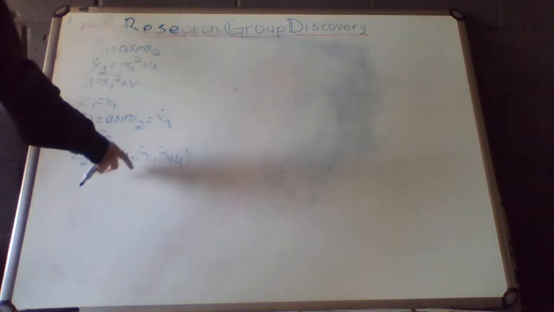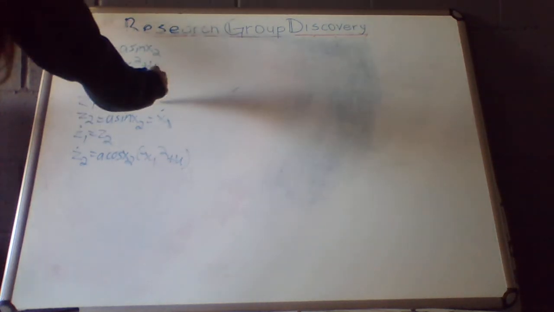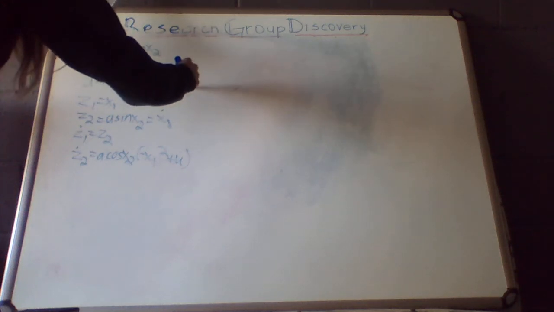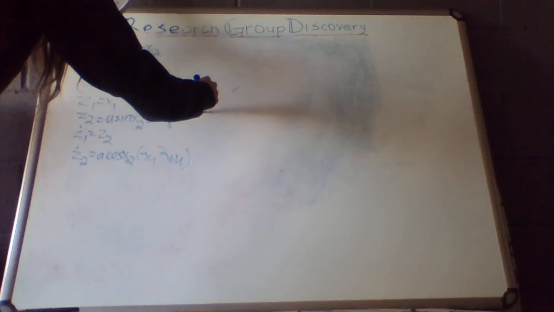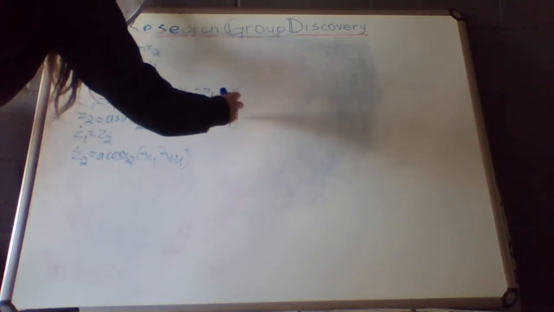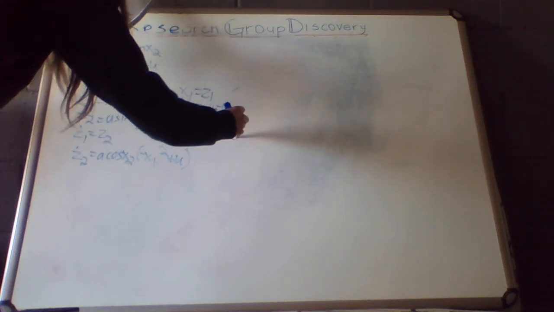Everywhere that it says x1, it will be z1, and you can figure out what x2 is. Here it's really easy to find the inverse transformation: x1 is z1, and x2 is sine inverse of z2 over a. This is well defined if negative a is less than z2 is less than a, so this is locally invertible.